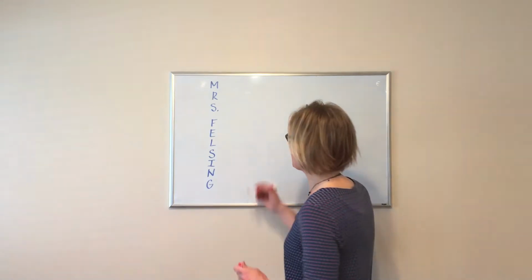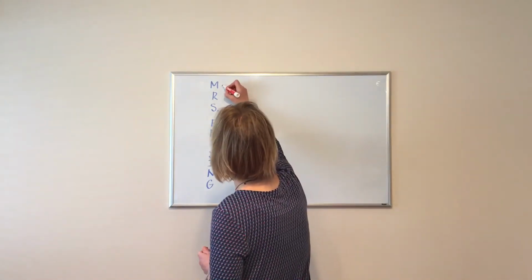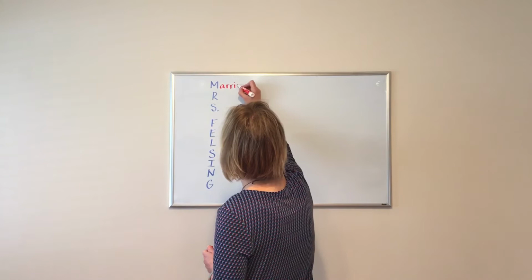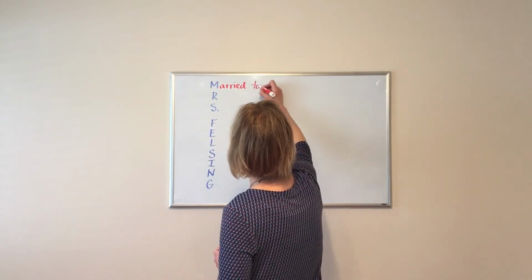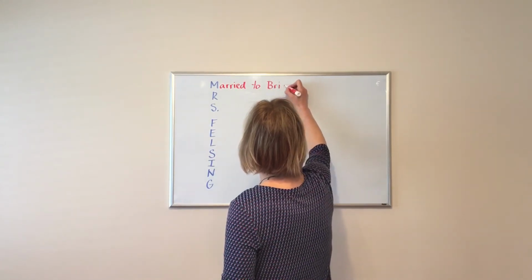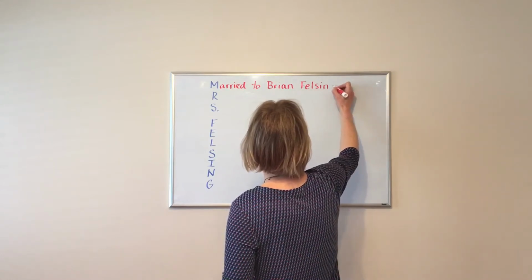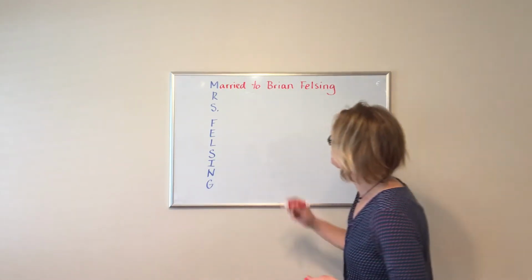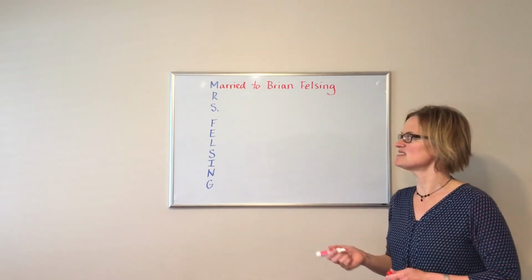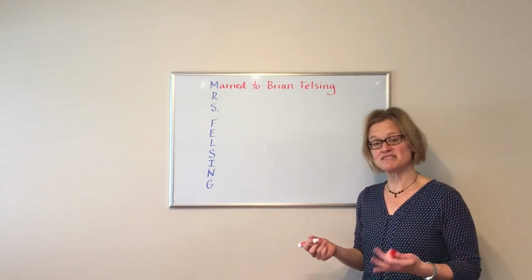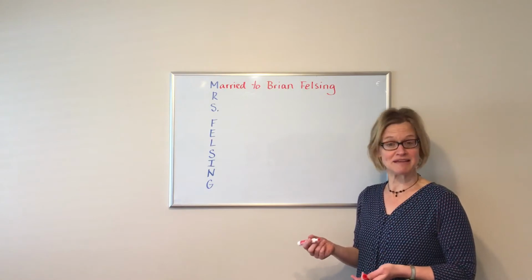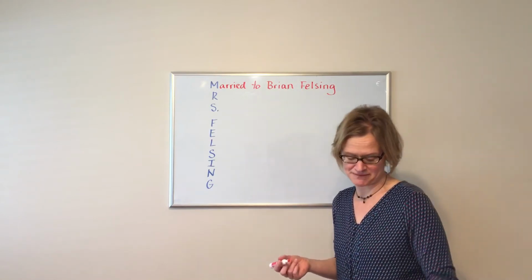So for the M, I put, and this is all about me, married to Brian Felsing. That's my husband's name. That's the first thing that came to mind. Now you notice I don't put a period there because that's not a sentence. But it's a statement and it gives some information about me. Okay? But it's not a full statement.